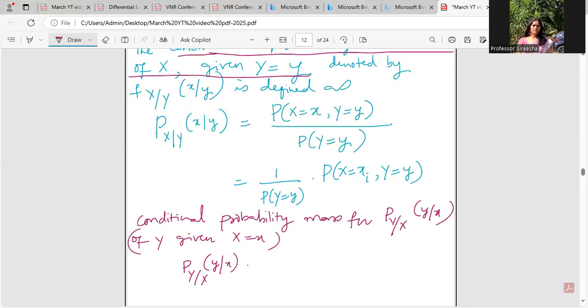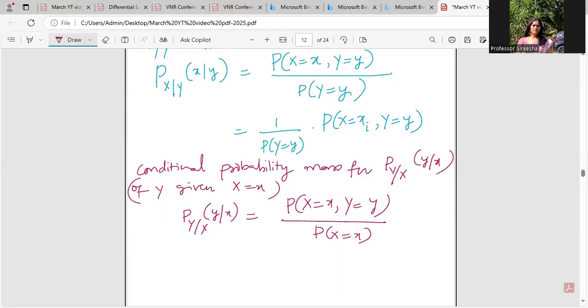This is equal to P of capital X equals x, Y equals y, divided by P of X equals x. What's been given to us? X equals x is being given to us. Also, I can rewrite this as 1 by P of capital X equals x, times P of capital X equals x, comma capital Y equals yj.